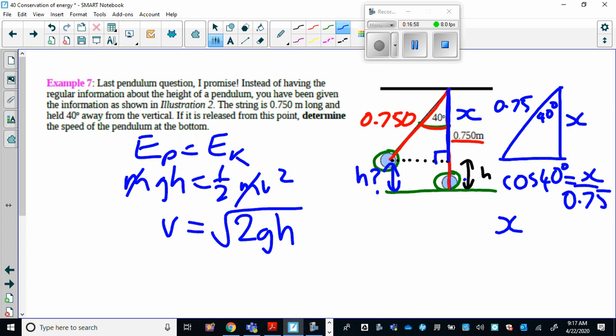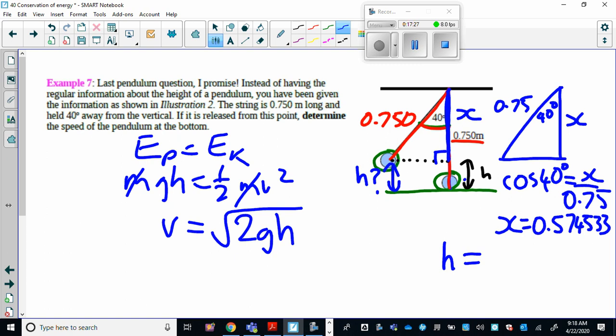And we end up getting that x equals 0.574533. And therefore, to get h, we're going to just subtract that value of x from the entire length of the pendulum. And that will give us the height from which it started.